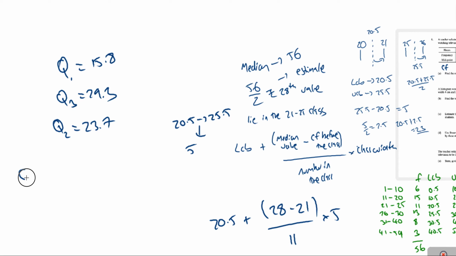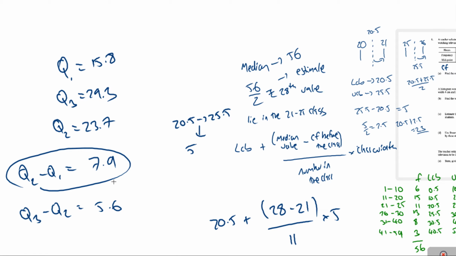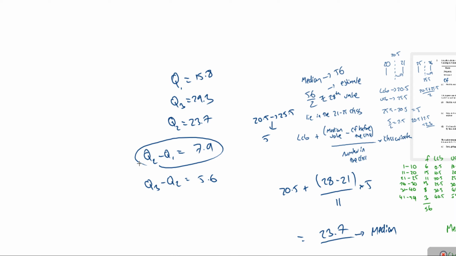So we compare the values: Q2 minus Q1 is 23.7 minus 15.8, which is 7.9, and Q3 minus Q2 is 29.3 minus 23.7, which is 5.6. So we can see that this has a bigger distance, so therefore in this case it's a negative skew.